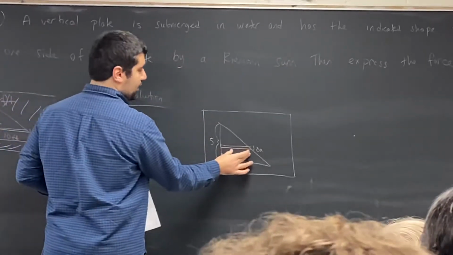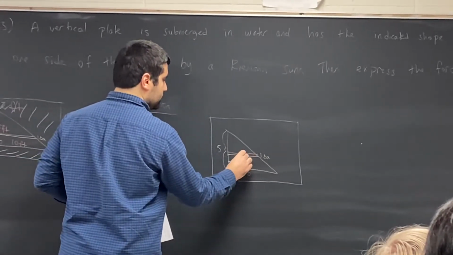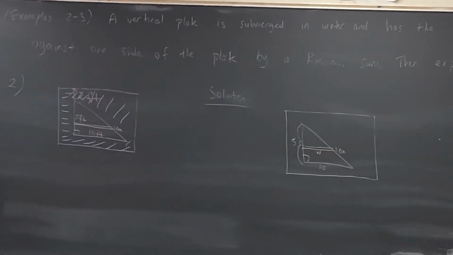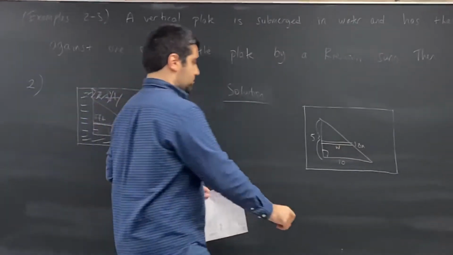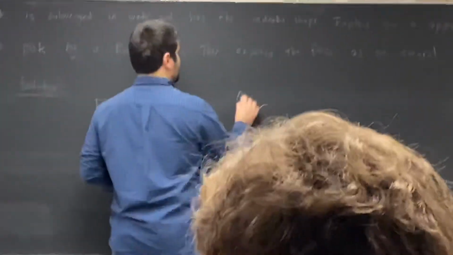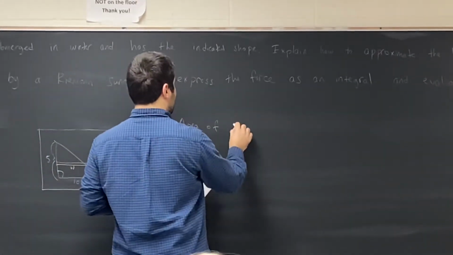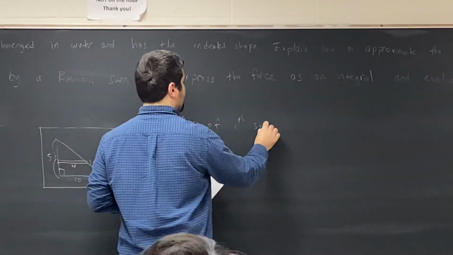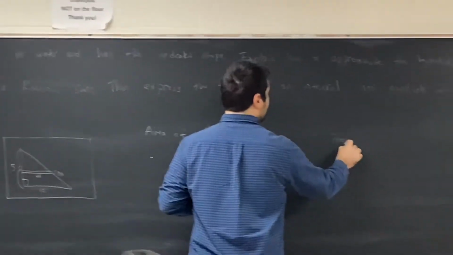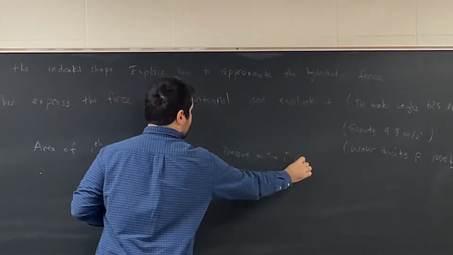We don't know this length yet, so let's call it W. We don't know what it is. So we will need to figure out the area of, let's call it the strip, and the pressure on the strip.